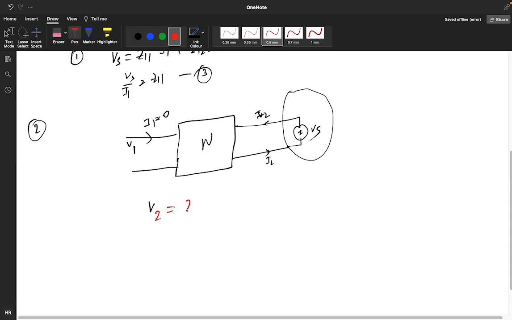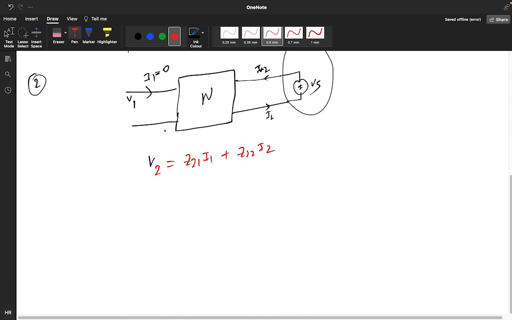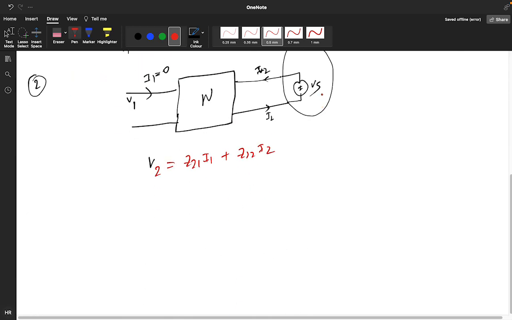Now see the value of V2. The V2 value is Vs, and I1 you make 0. You get Vs equal to Z22 I2, so Z22 is equal to Vs upon I2. This is equation 4.